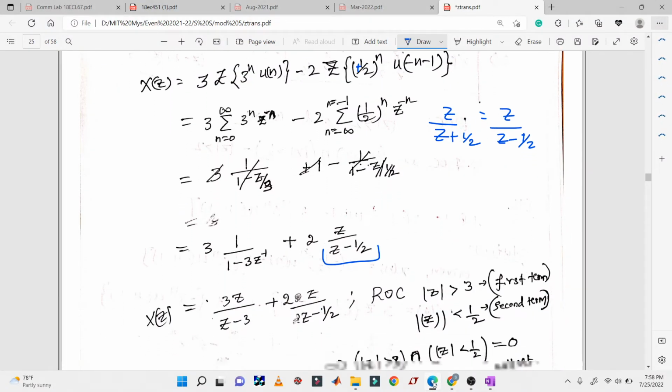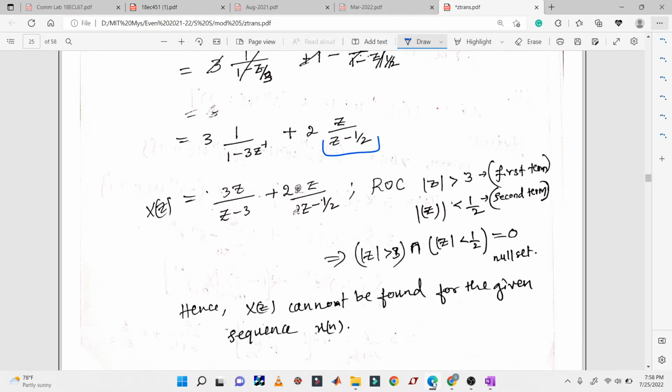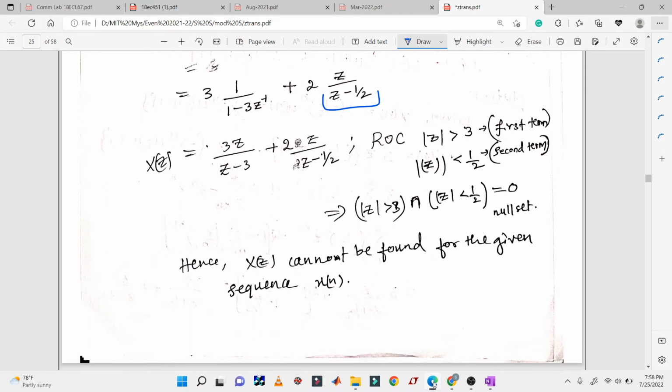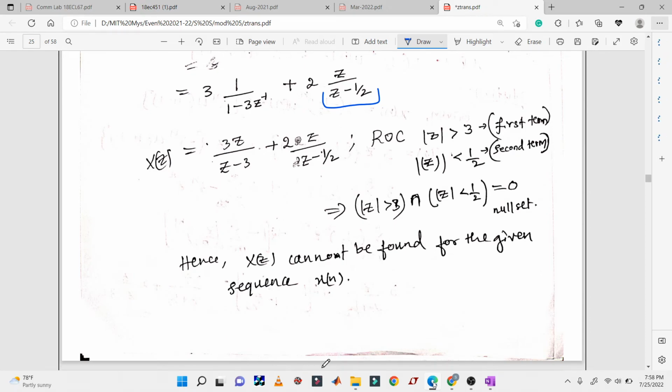So this is the problem which you can solve. And about the next one, the ROC cannot be found for this sequence. That I will explain tomorrow, why it is so. Okay, for this particular sequence, ROC cannot be found.